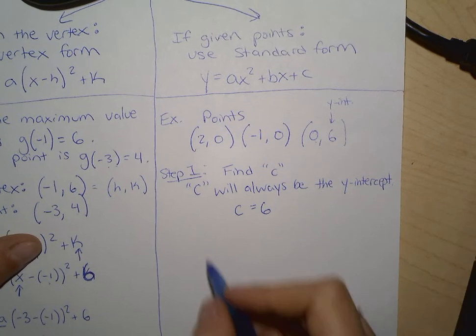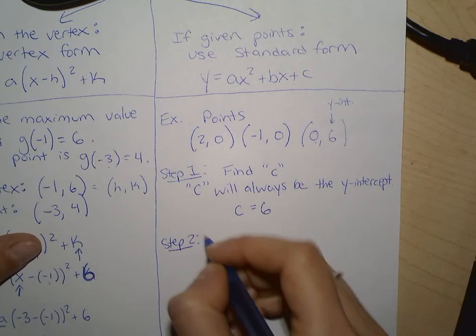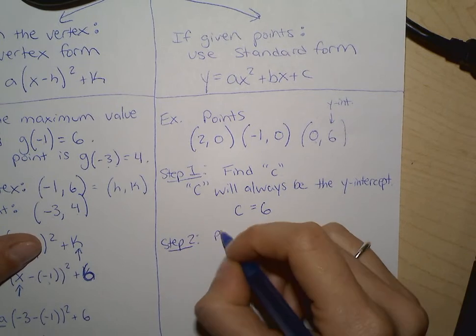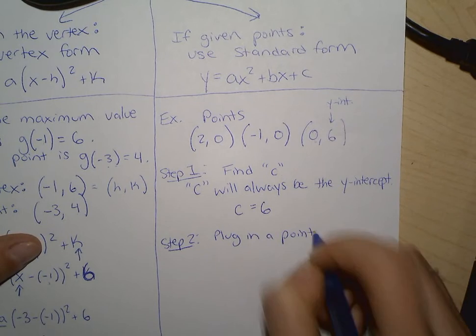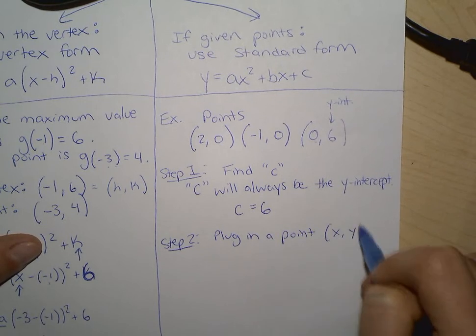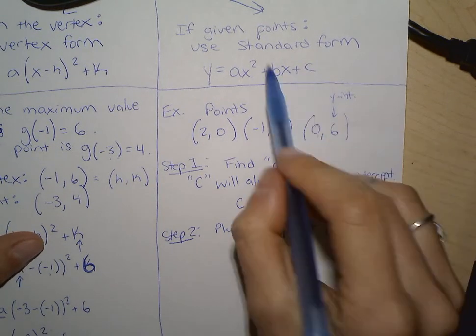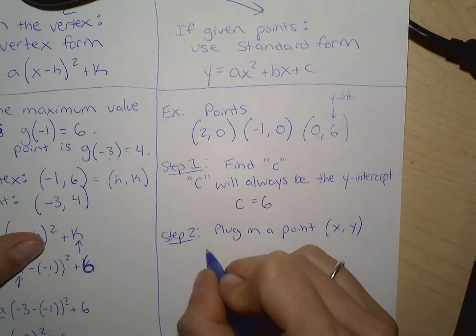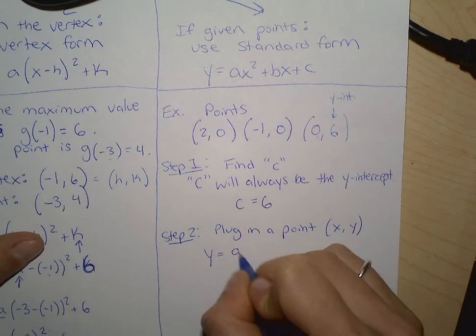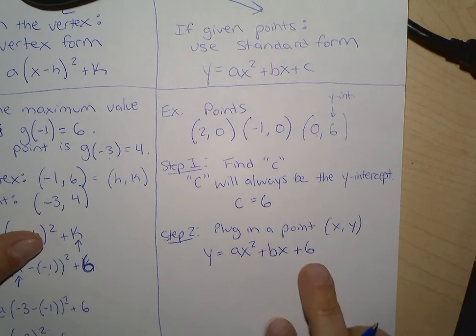All right, step 2. Plug in a point. And that will give you x comma y. So going back to my general equation, all I know is c so far. So I have y is equal to ax squared plus bx plus 6. So I replaced the c with the 6.